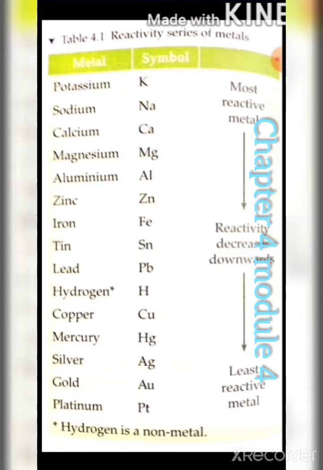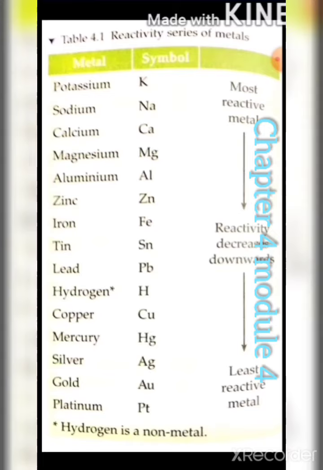Here the first one is potassium, that is the most reactive metal. Then sodium, calcium, magnesium, aluminium, zinc, iron, tin, lead, and hydrogen is here. Hydrogen is taken here because it is a non-metal but it behaves like a metal also, and it is present in acids also. Then copper, mercury, silver, gold, platinum.